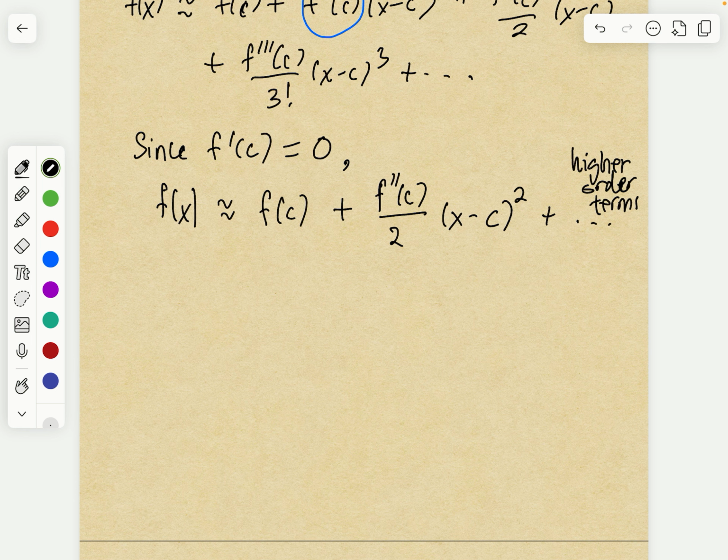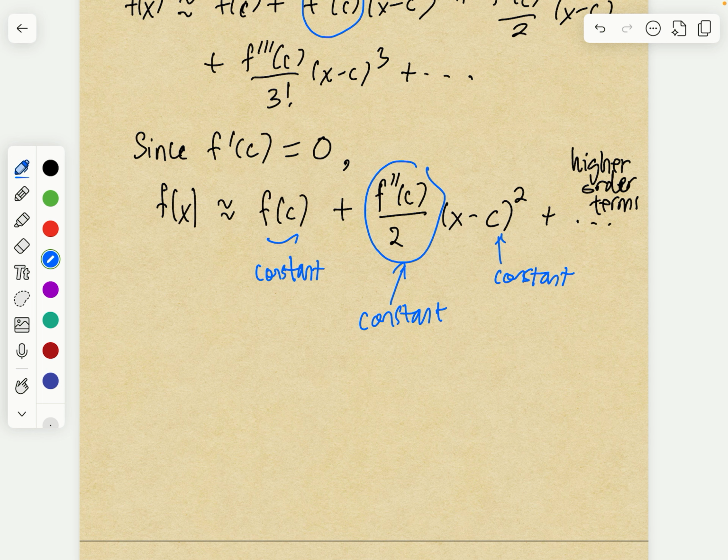Plus f double prime of c over 2, which is also a constant. And c is a constant too, but the x minus c in parentheses squared involves the variable x.